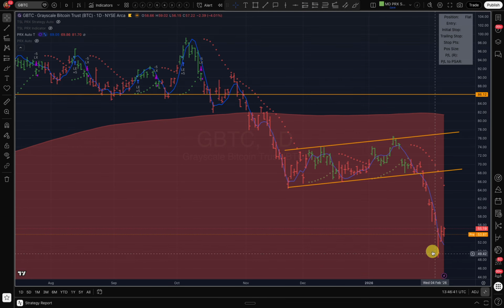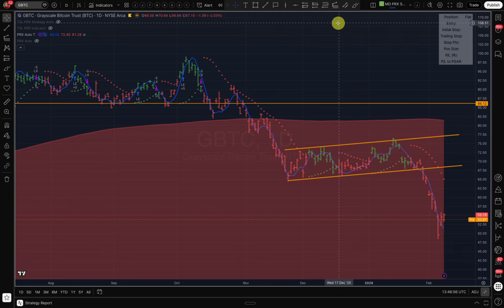Now, oftentimes we'll get something like a measured move off of the bear flag. So we would be asking where would the bear flag move complete? How far could it go down? The easy way to do this is the trend-based fib extension. In fact, let's just do it the easier way.